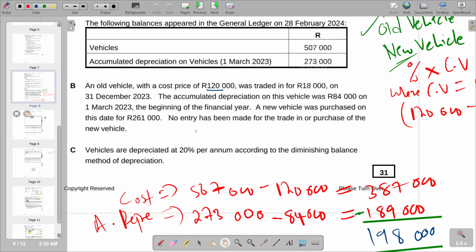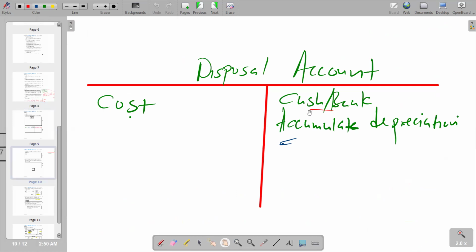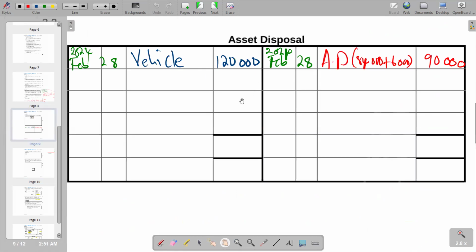So we are not going to put cash or bank like what we have here. We put the vehicle that is going to be purchased, and the amount is 18,000.